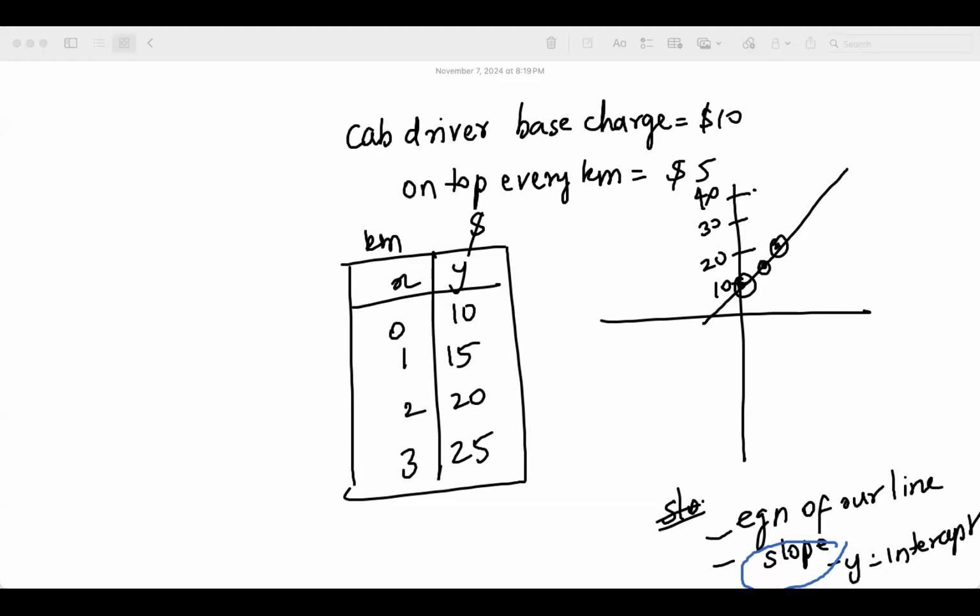Go ahead, Danvi, explain. Okay, so for the slope, I did 0 to 10 and 3 to 25. So you're going with 25. So 0 to 3. Wait, first I did x-axis, so it would be 10 to 25, which would be 15, and then. Minus or plus is important.